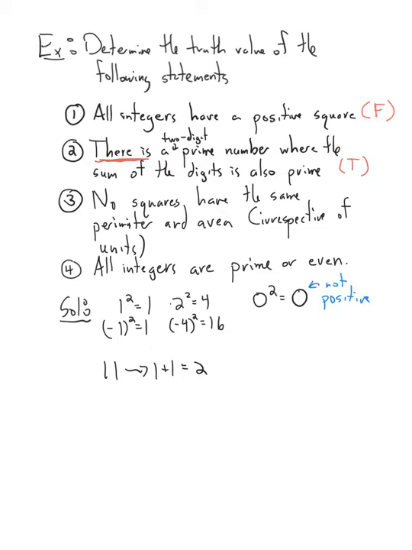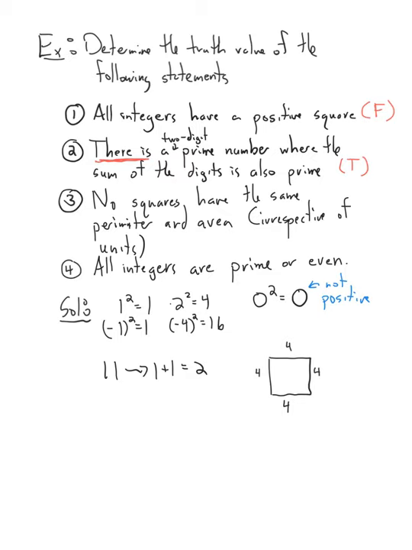The third one. No squares have the same perimeter and area. We're not talking about units, of course. Perimeter is in units, and area is in units squared. So irrespective of units, let's just talk about the number. If we think about this square that has all side lengths 4, the perimeter is just the length of the outside. 4 plus 4 plus 4 plus 4 is 16.